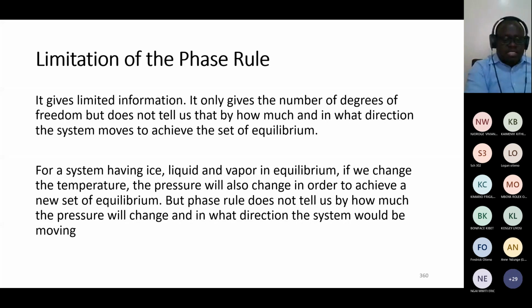So for the system to move to another equilibrium, the other variable also has to change. The phase rule does not tell us how much the pressure will change when the temperature has changed, and in what direction the system would be moving to achieve that new equilibrium.